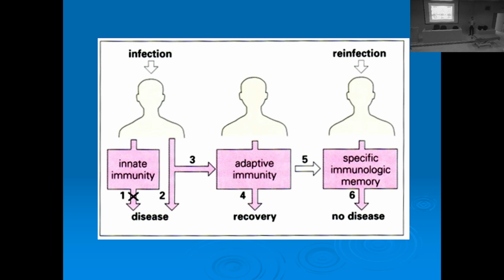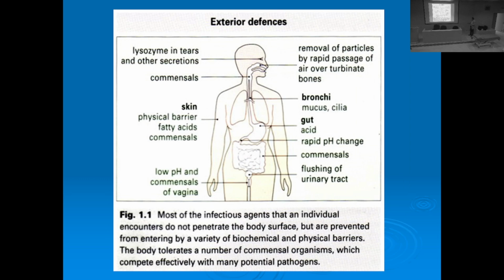So these are the different figures and outcomes possible of the infection. Now, today we will focus on the innate immunity, as I said. You all know that for most infectious agents, they will enter either by the skin, if there is a lesion in the skin, or if there is a vector that comes and injects the pathogen through the skin, which are relatively rare situations, but most of them will enter through the mucosa, of course.